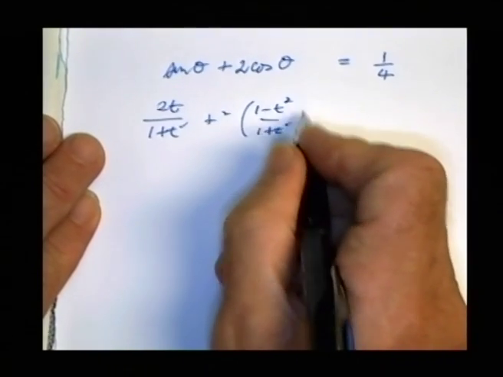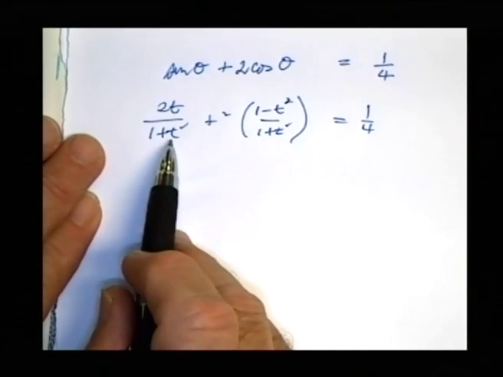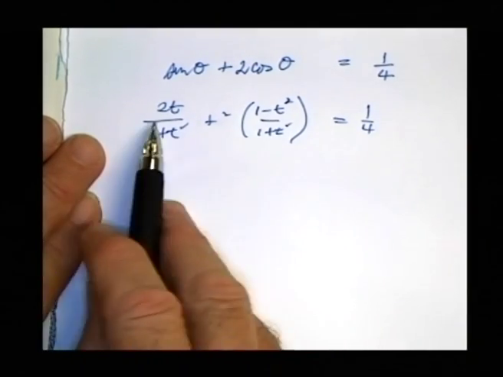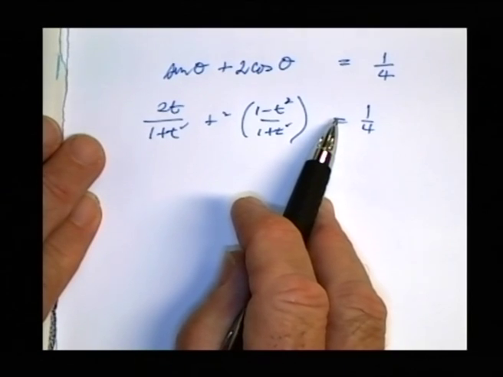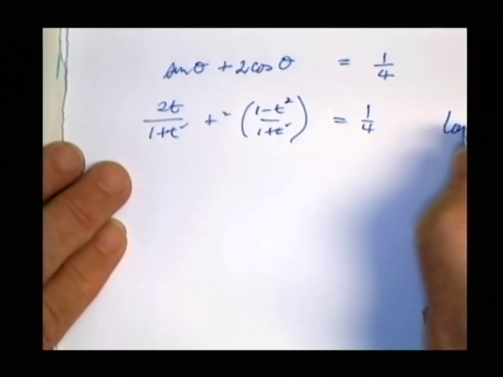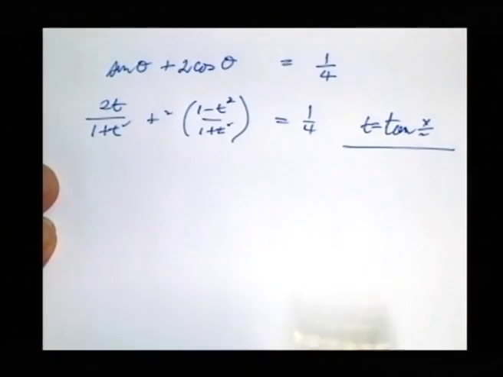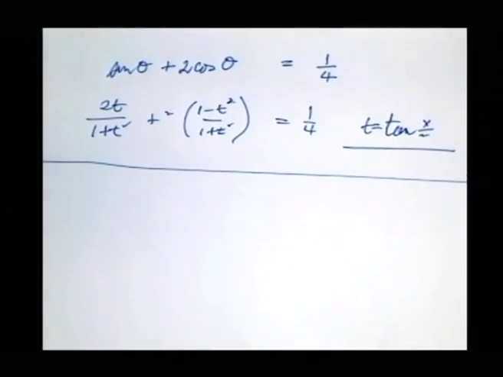In other words, you now get the unknown as t. By manipulating that formula and cross-multiplying, you can work out what t is, and consequently we know that t is equal to tan x over 2. This is called the t method, quite useful in solving sums also.